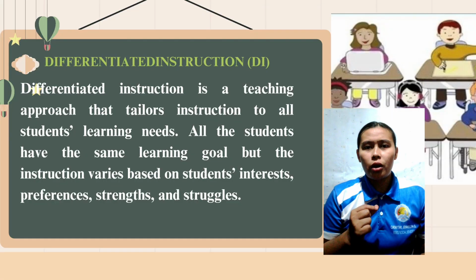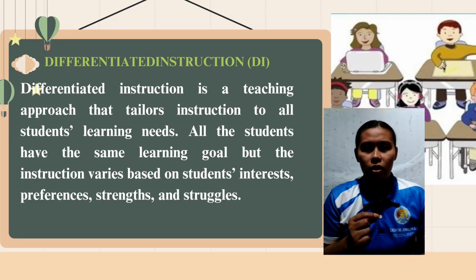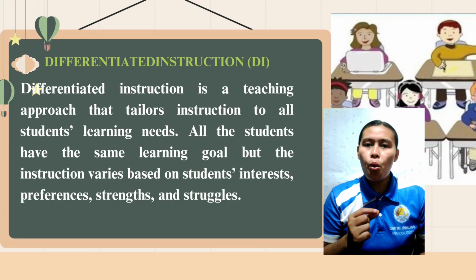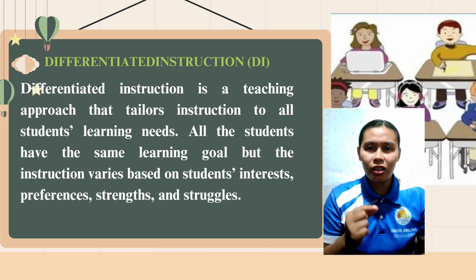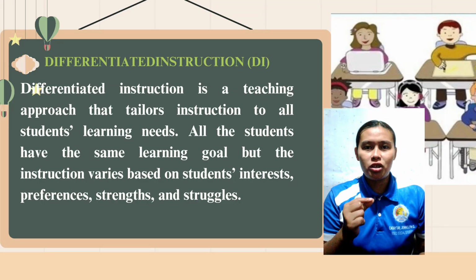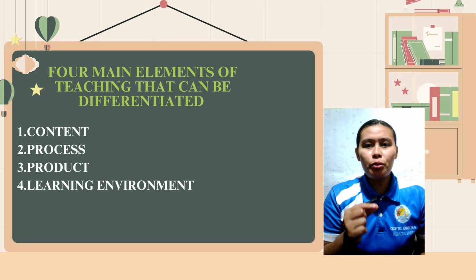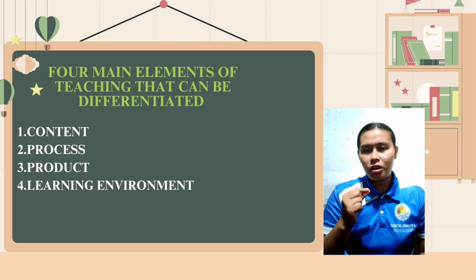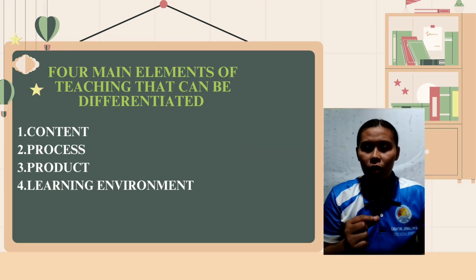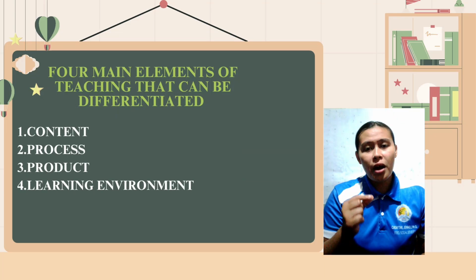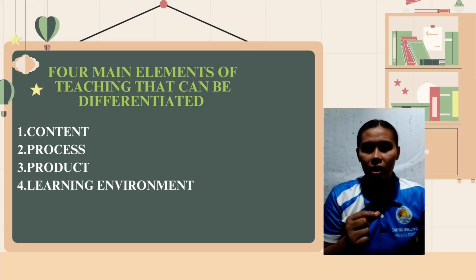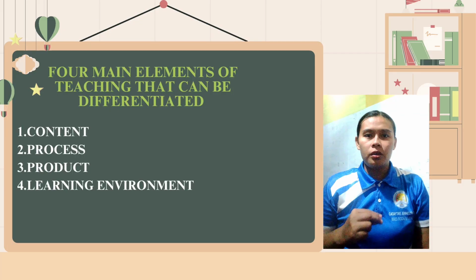So, according to Carol Ann Tomlinson, an educator who has done extensive and innovative research in differentiated instruction, the four main elements of teaching that can be differentiated are content, process, product, and learning environment.